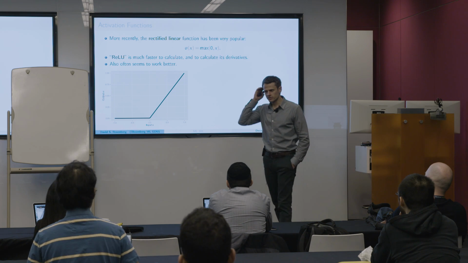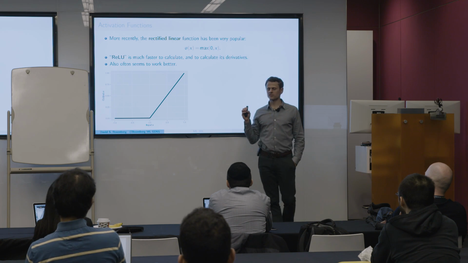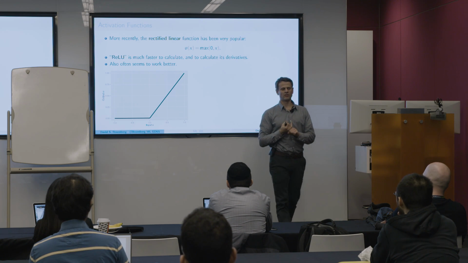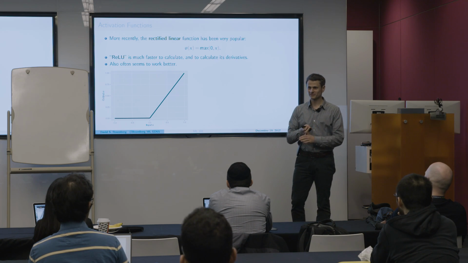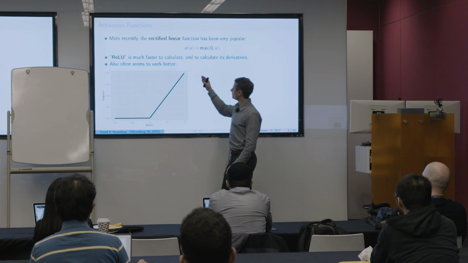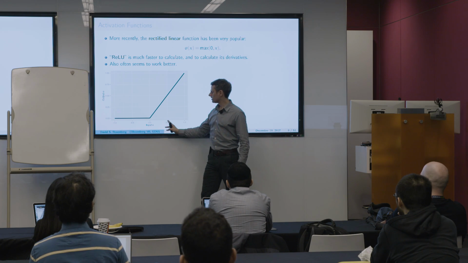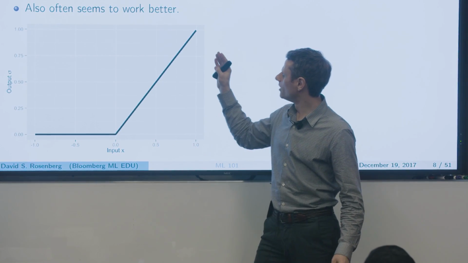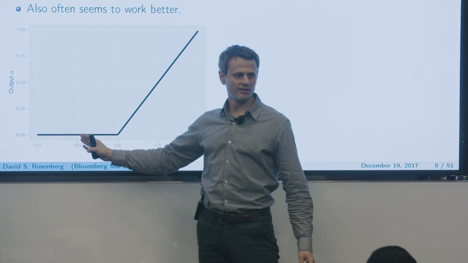This might have some advantages. Let's think in terms of how easy or hard it is to compute, and how easy or hard it is to compute its derivative. So what's the derivative of this function, say, right here at 0.5? 1. Really easy. And the derivative here? 0.